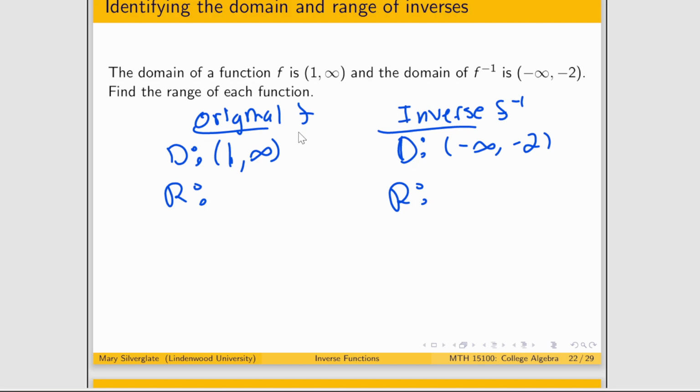Well, the equivalent of flip-flopping all the x's and y's is if all the x's on the original are 1 to infinity, that means all the y's on the inverse are 1 to infinity. And if all the x's on the inverse are negative infinity to negative 2, that means all the y's on the original are negative infinity to negative 2.